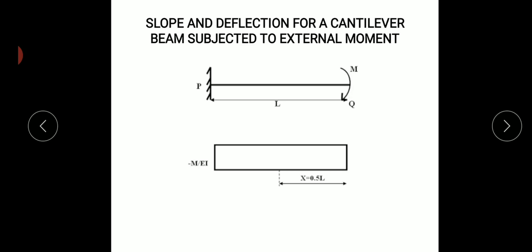Here, the moment is acting instead of a force. Moment is nothing but a twisting force, which causes torsion or bending. So this introduces internal moments in the structure.